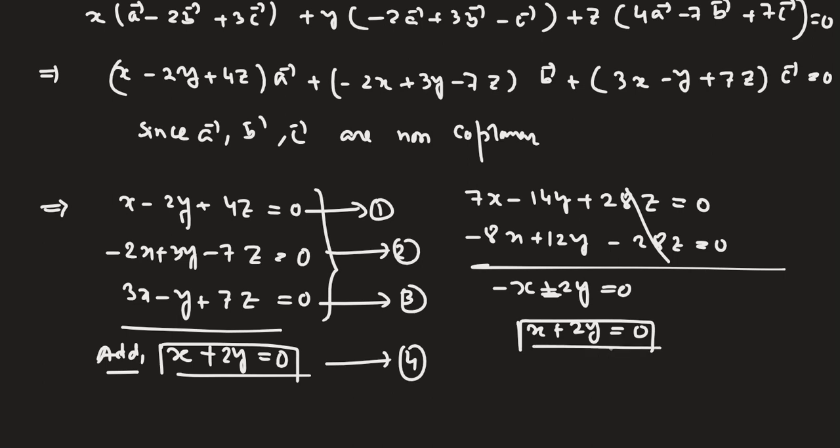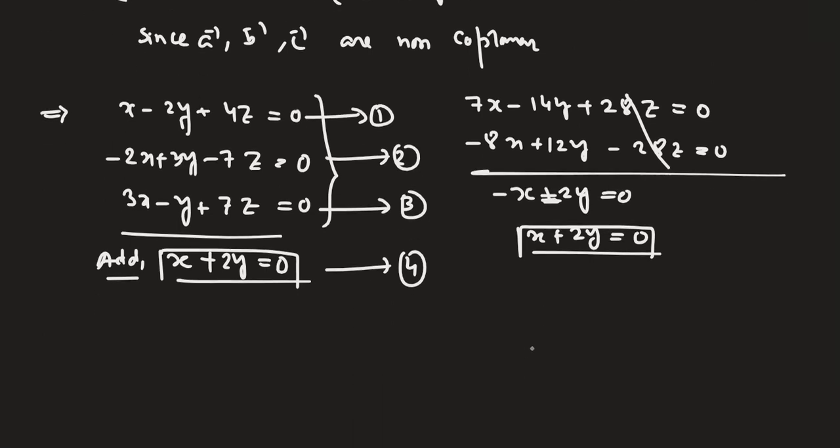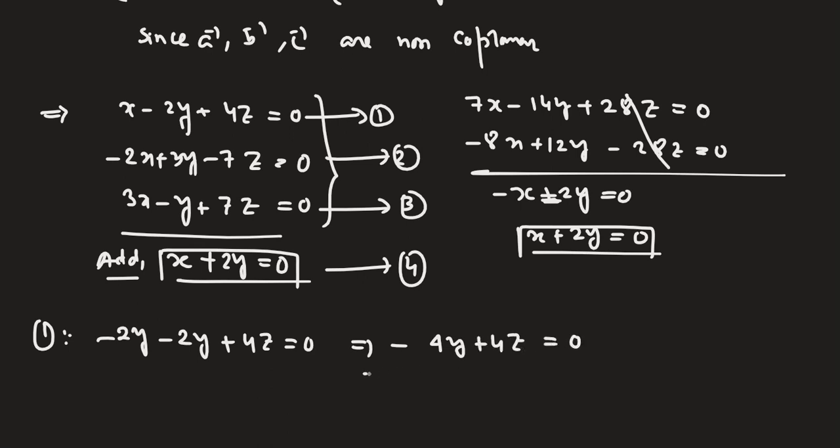So what we do, we do one thing, replace x in terms of y. Equation 1 will generate x is equal to minus 2y, so minus 2y plus 4z is equal to 0. So this will say it is 4y, then 4z is equal to 0, then y minus z is equal to 0, or you have y equal to z.